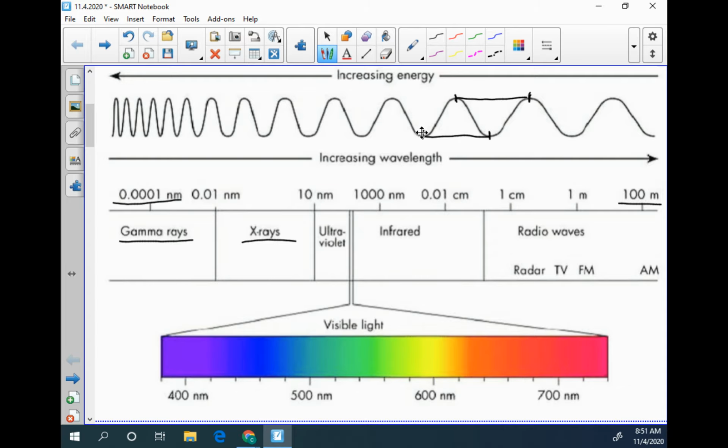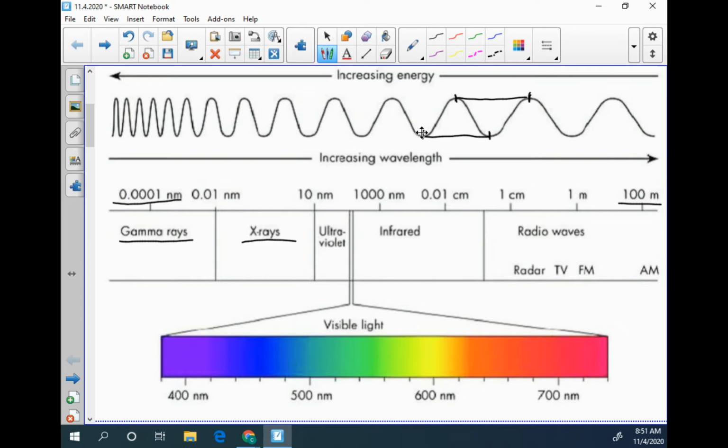It's why when you go get X-rays at the dentist, they put that big lead vest on you, because we try to minimize the amount of exposure you have to X-rays. But those X-rays are powerful enough to go through the flesh in your body, but not powerful enough to go through the bones, which is why we use X-rays to see if somebody has broken a bone.